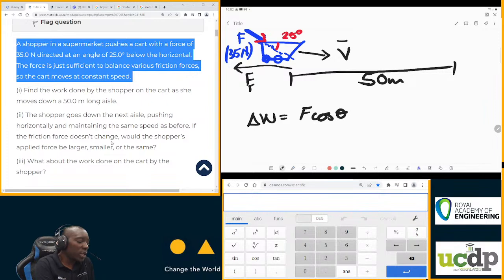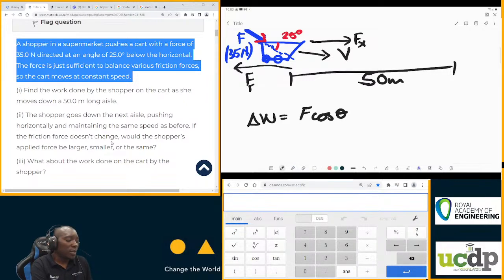In this case, the force responsible for motion has a component in the x. We call that Fx, right? This is the force that has the effect of moving the trolley in the positive x direction through the 50 meters.